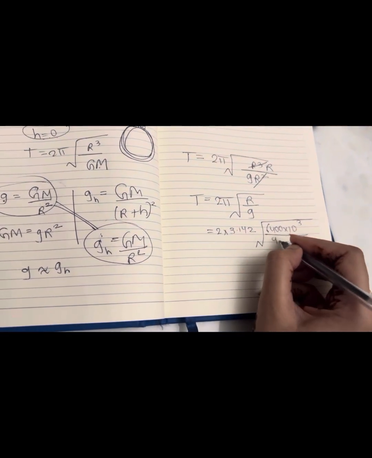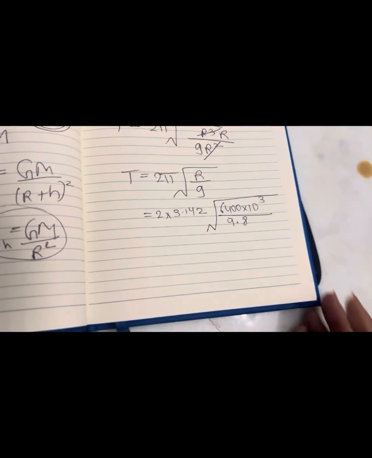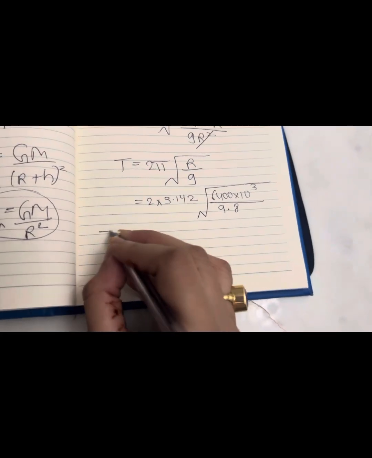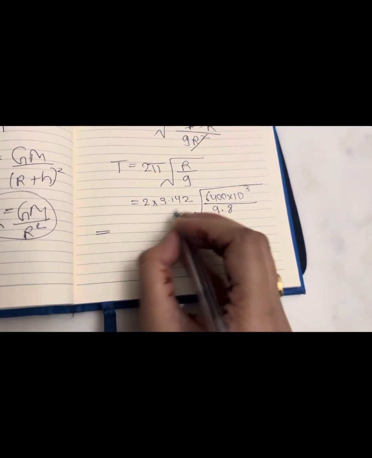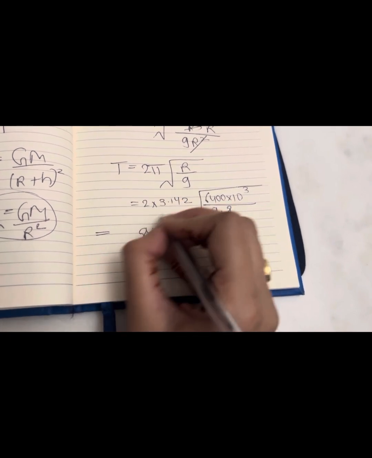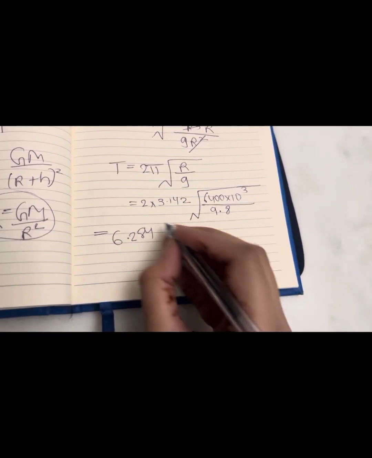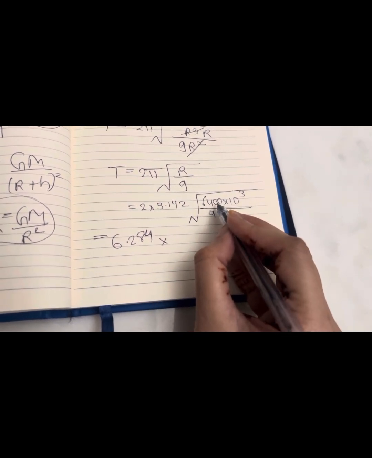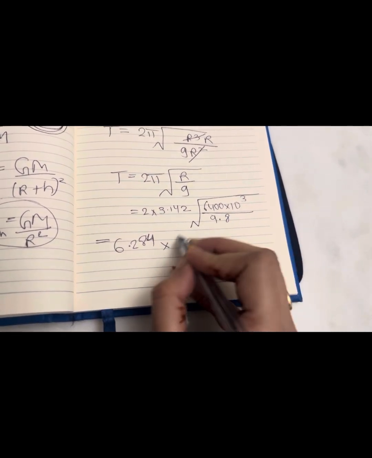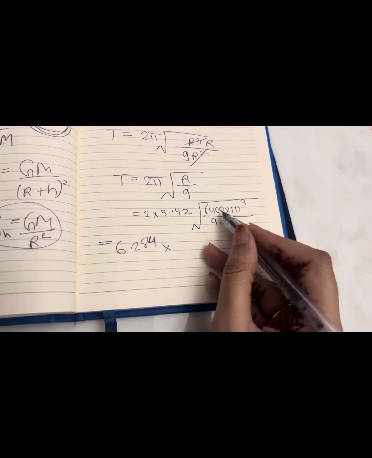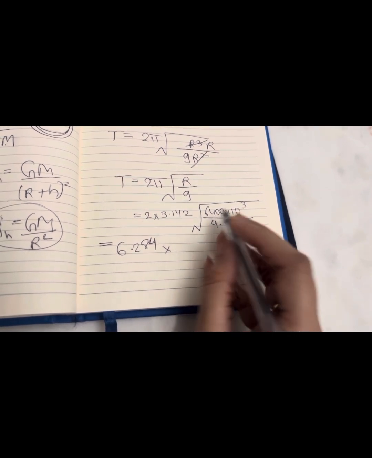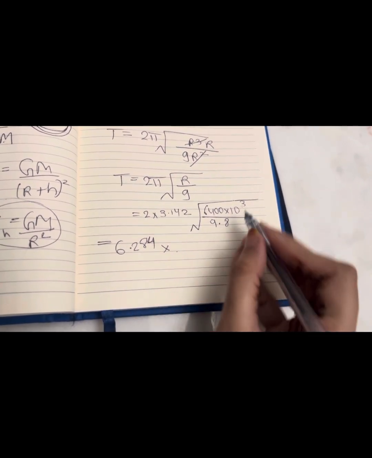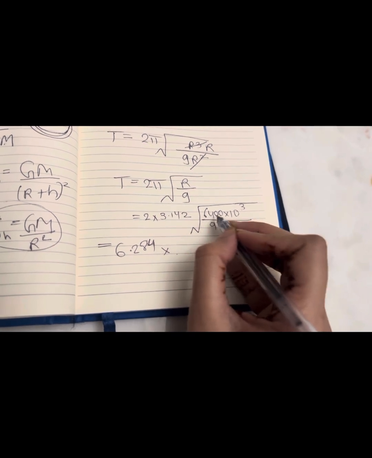The value of g is given as 9.8. Now we will solve this. 2 into 3.142: 2 2s are 4, 2 4s are 8, 2 1s are 2, 2 3s are 6. Into, now here it is 10 raised to 3, 10 raised to 4. Okay, what should I do over here?